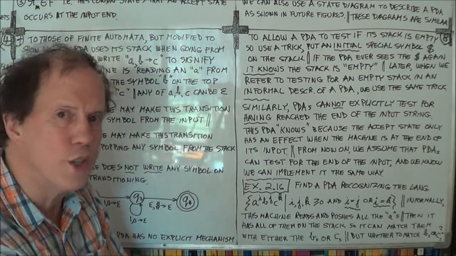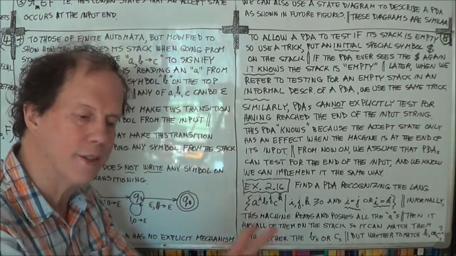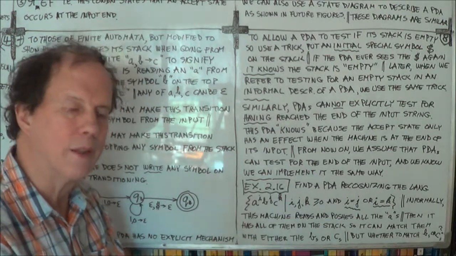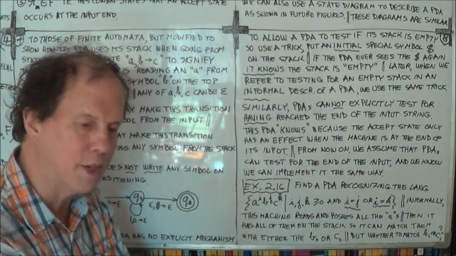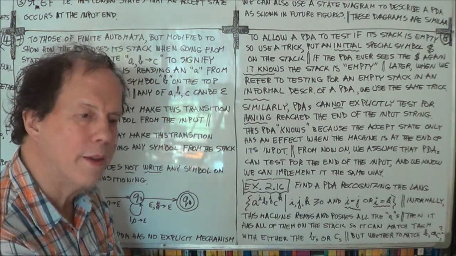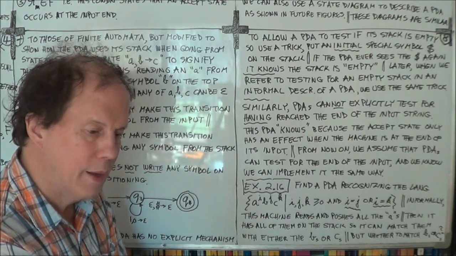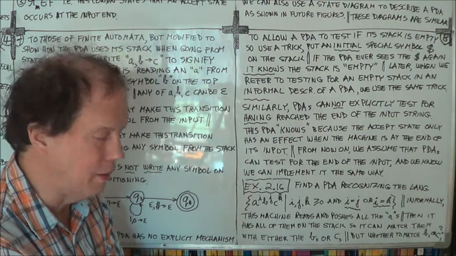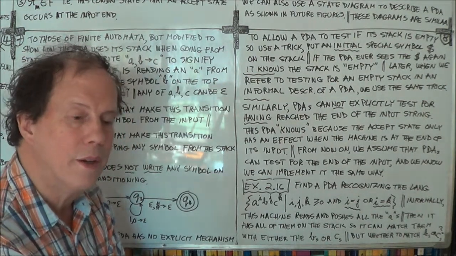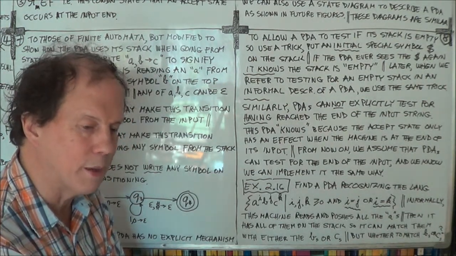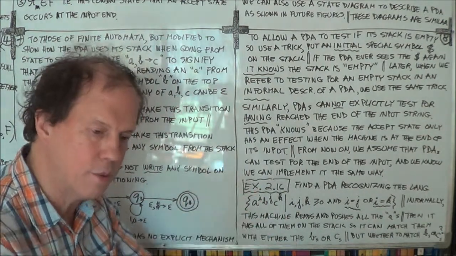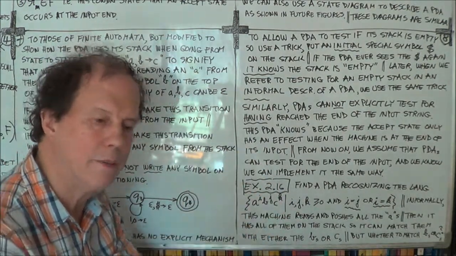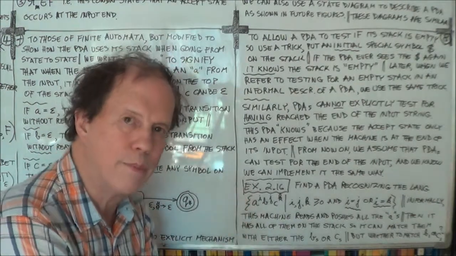Use non-determinism. Have branches of this PDA. Every time it branches, you create a new copy of the PDA and put it in a different state, and maybe also the stack, and then just have these two PDAs independently going down different branches.